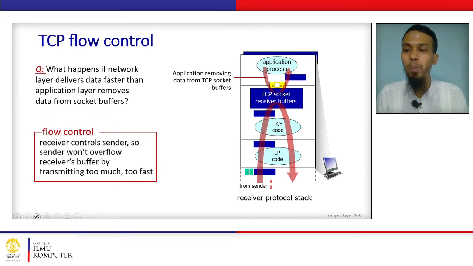Basically, flow control is a mechanism for the receiver to limit the number of bytes that is sent by the sender, so that it does not overwhelm the receiver too much.